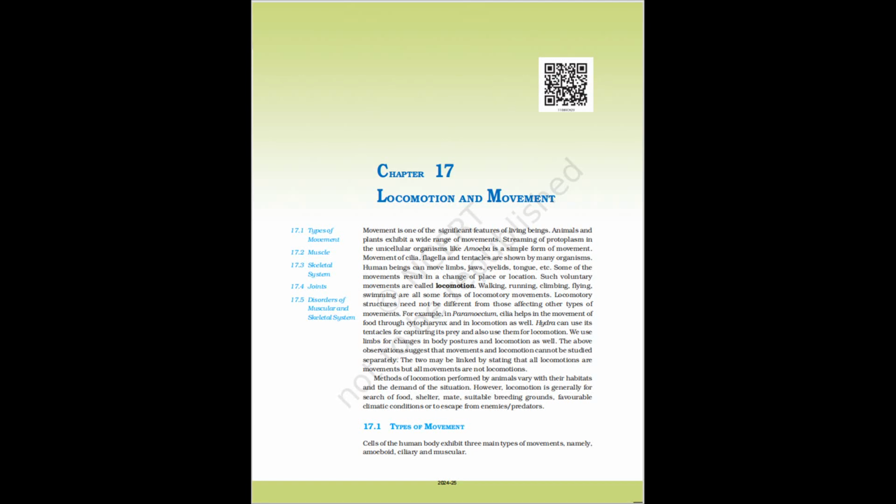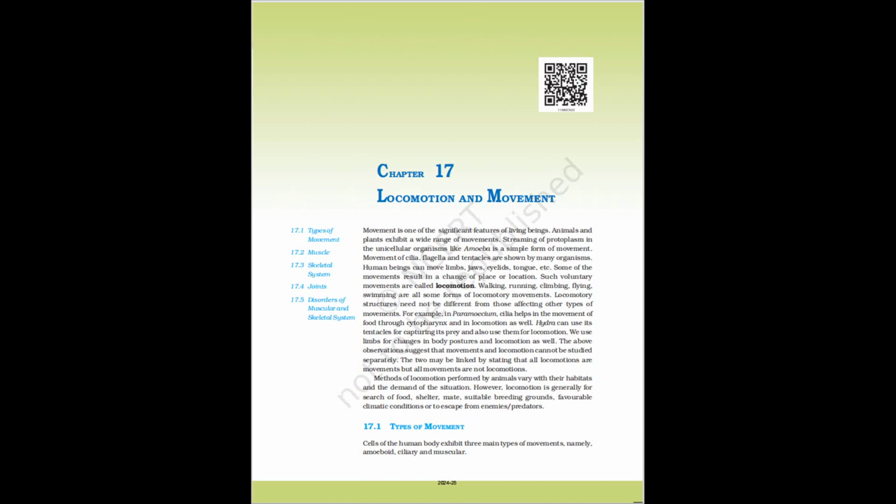Pelvic girdle consists of 2 coxal bones, figure 17.10. Figure 17.10 right pelvic girdle and lower limb bones, frontal view. Ischium, pubis, ilium, coxal bone, sacrum, femur, patella, tibia, fibula, tarsals, metatarsals, phalanges.